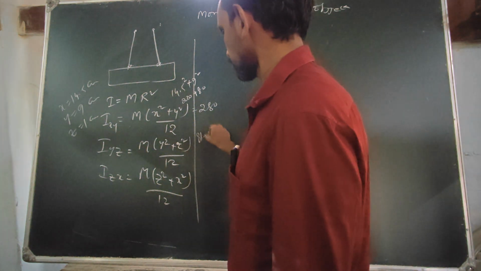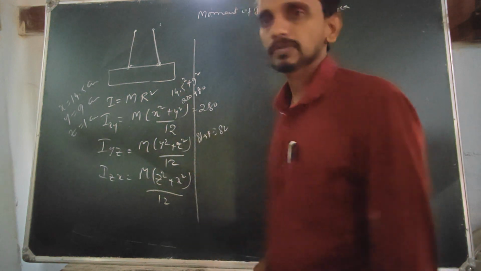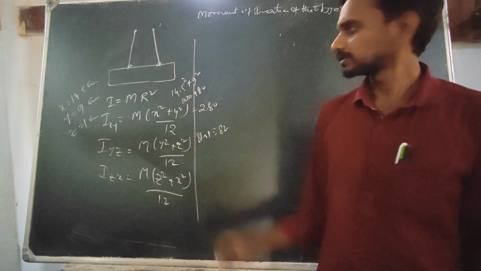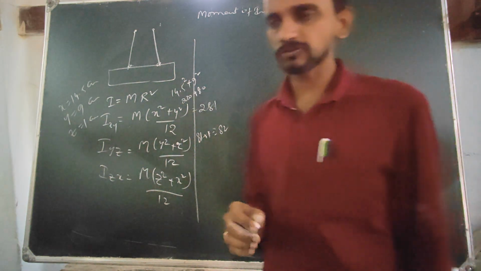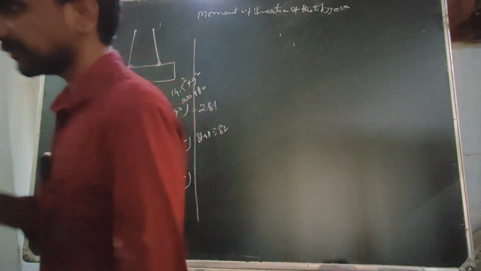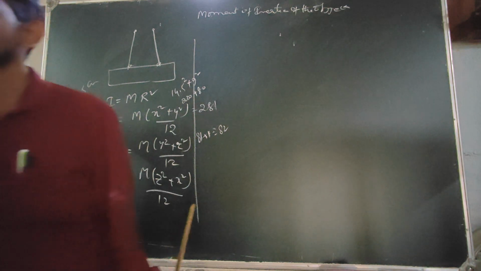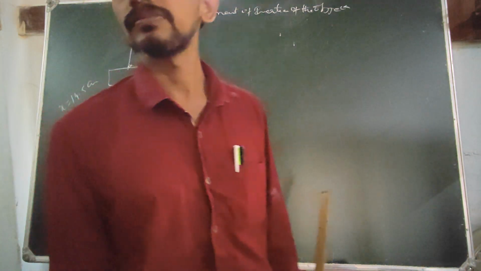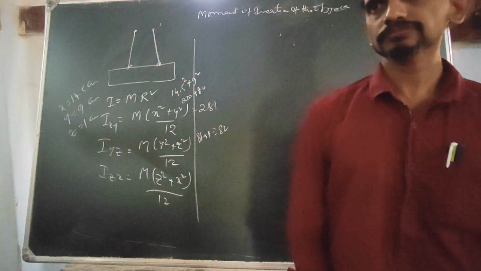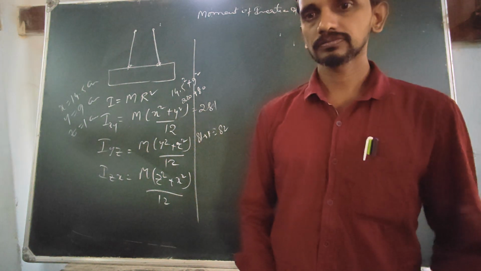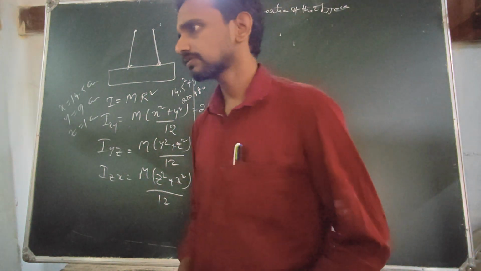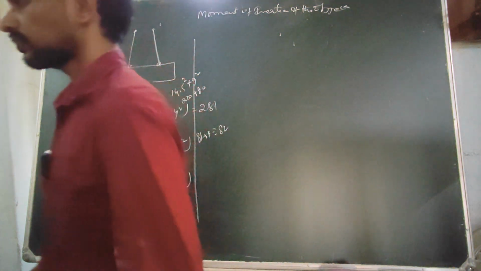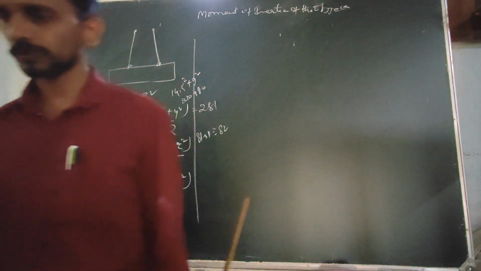This is 81 plus 1, which is 82. What is 14.5 square? Confirm that once. 14.5 multiplied by 14.5. 15 square is 225. What is 14.5 multiplied by 14.5?